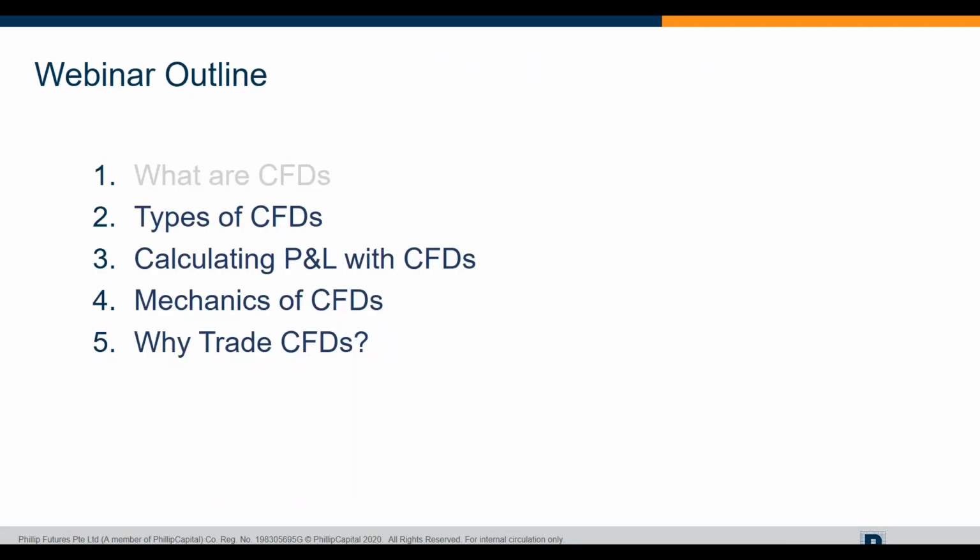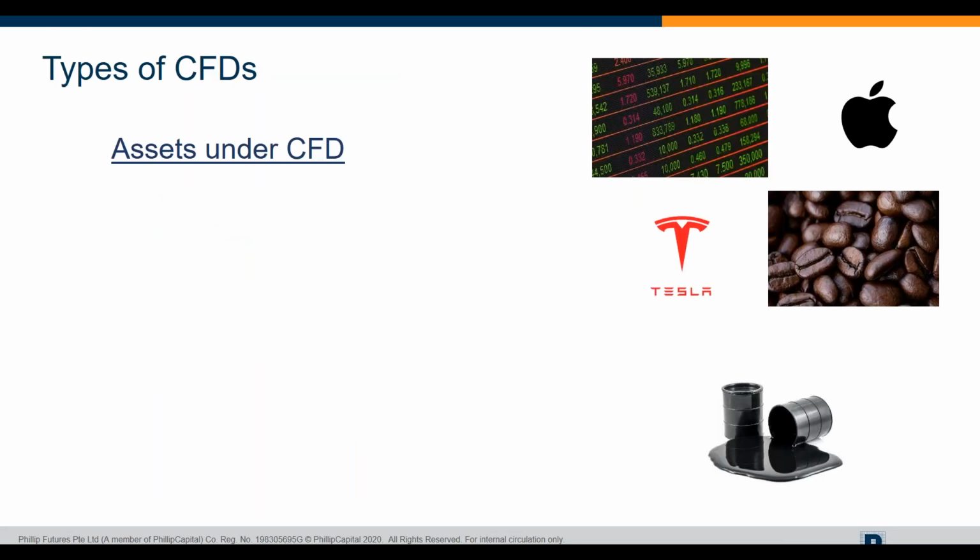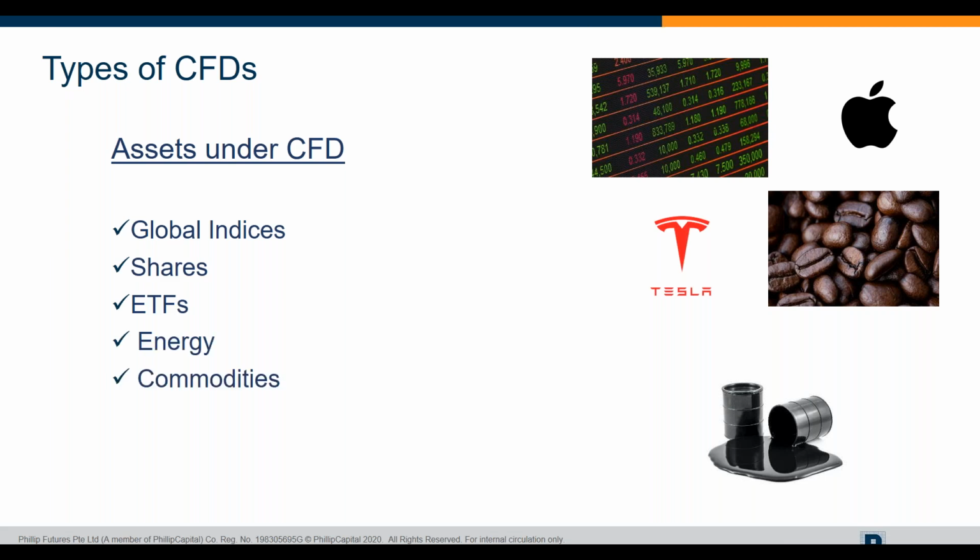Moving on, we will share a little bit about the types of CFDs. As we shared earlier, CFDs just derive their price from whichever underlying asset. Under the umbrella of CFD, we have global indices, shares, ETFs, energy and commodities, and also others.